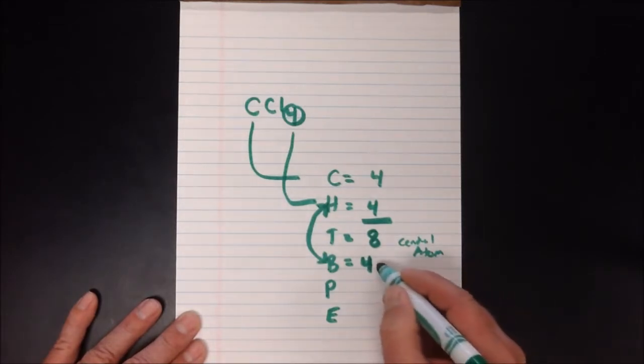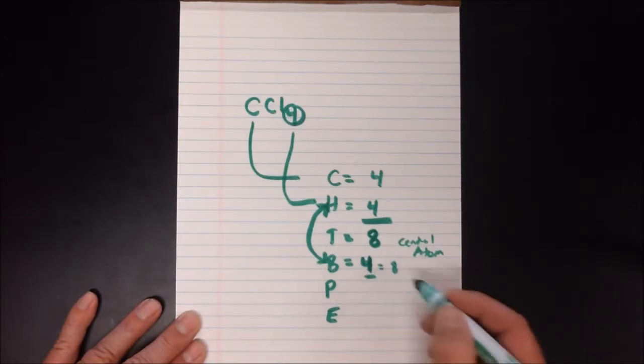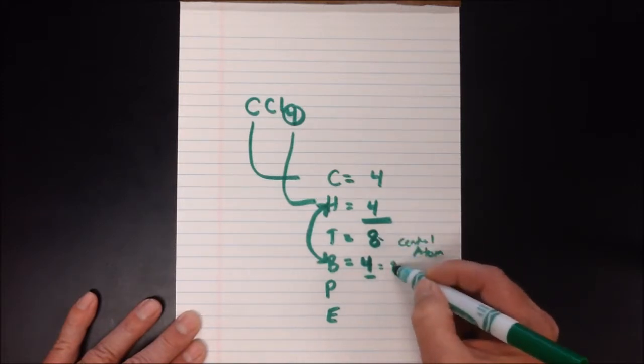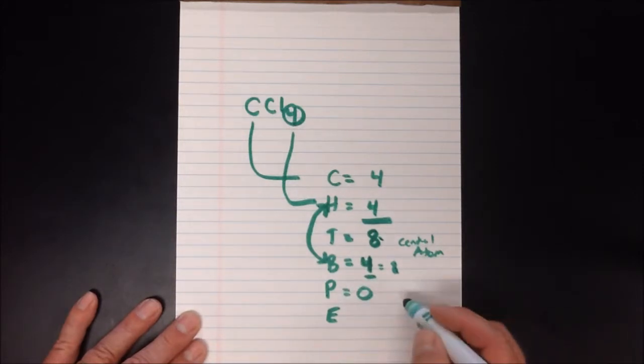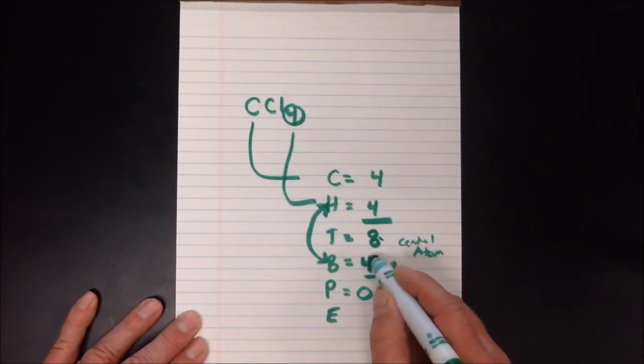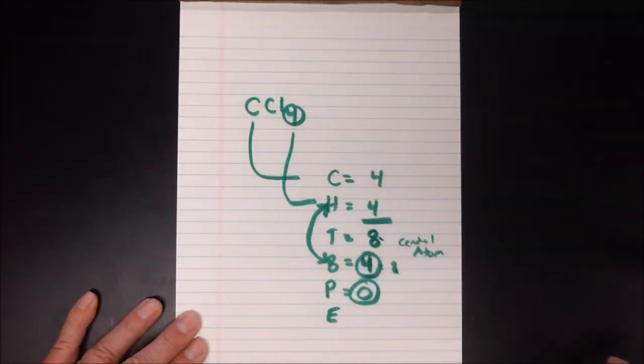That's a total also of 8 electrons. It takes 2 electrons to make a bond, 4 bonds. So that tells me we've used all 8 electrons on the central atom, so there are no lone pairs on the central. So my central atom in this case has 4 bonds and 0 lone pairs.